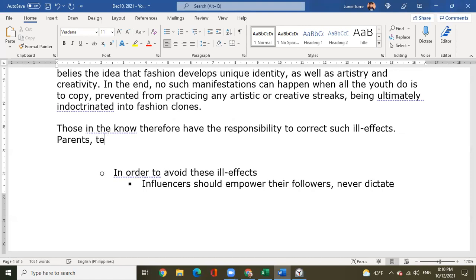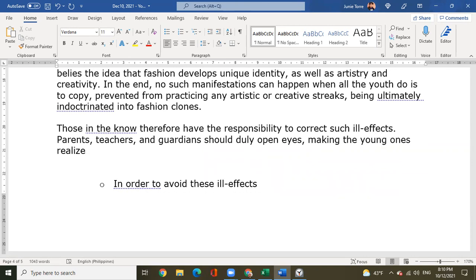Parents, teachers, and guardians should truly open eyes, making the young ones realize. There's a word in my head that I can't remember. It's coming. Insidious machinations of powerful people.